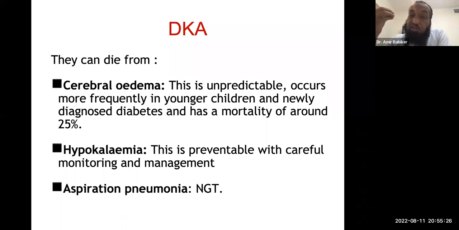When you want to give fluid as a maintenance to any patient, not a diabetic patient, if you have a 30 kilos child, you give for the first 10 kilos 100 mL per kilo, right? And 50 mL per kilo for the second 10 kilos, and 25 to 30 mL per kilo for the subsequent. So for any weights after that, you give 25 mL per kilo. Do you agree on this maintenance?